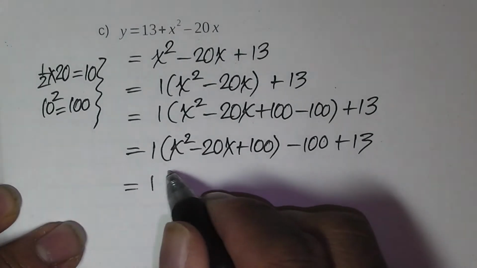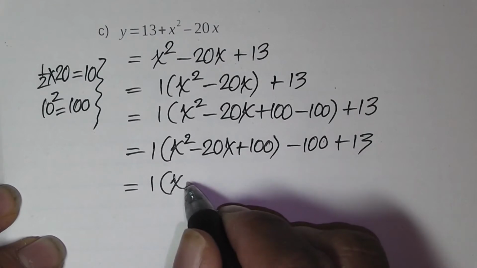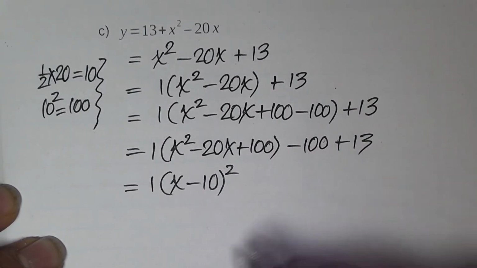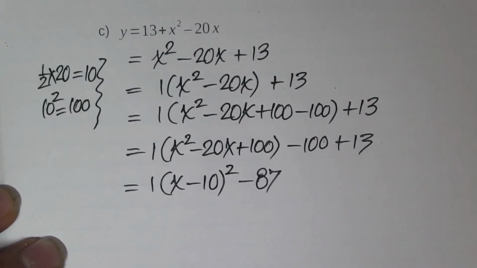This becomes 1 brackets x minus 10 squared minus 100 plus 13 minus 87.